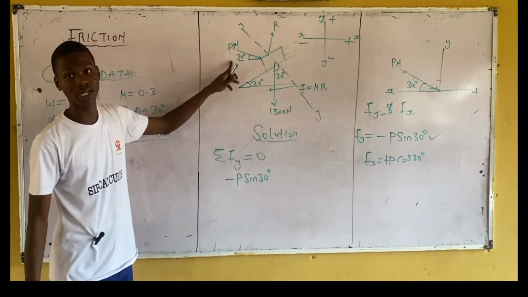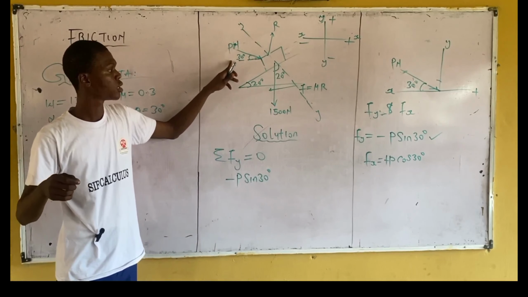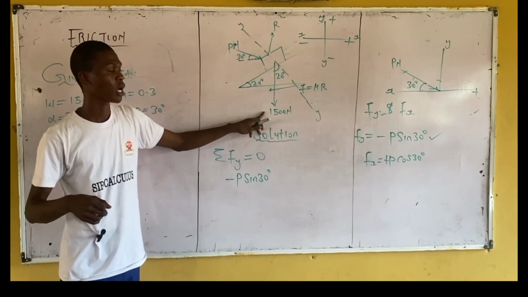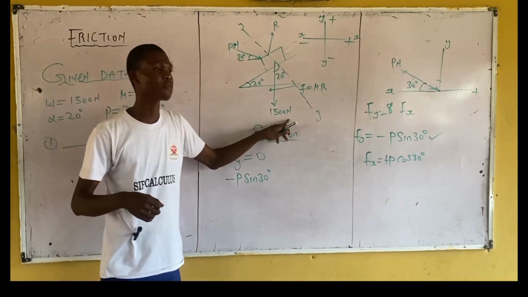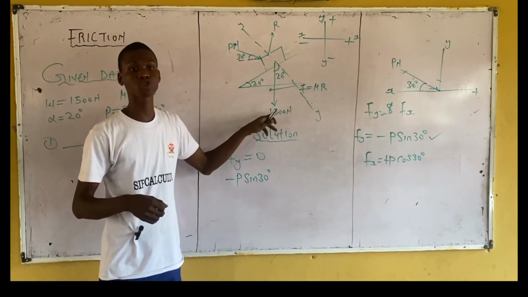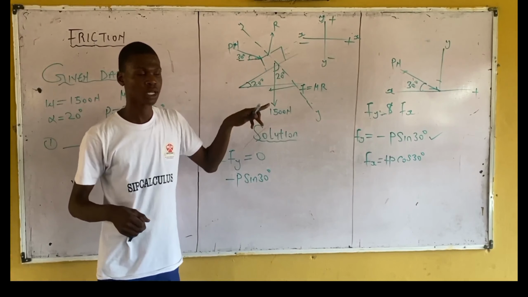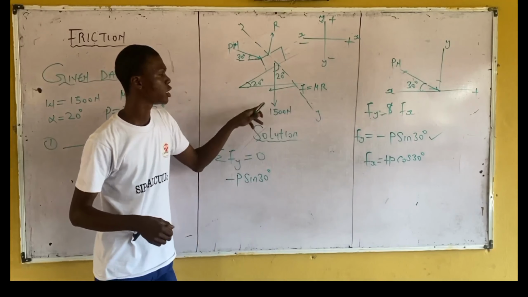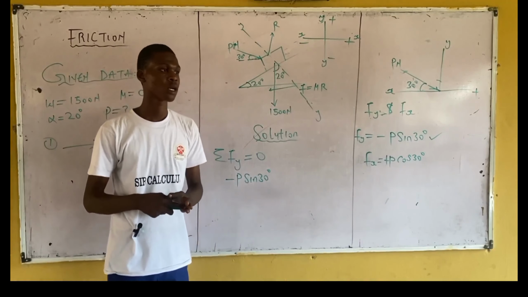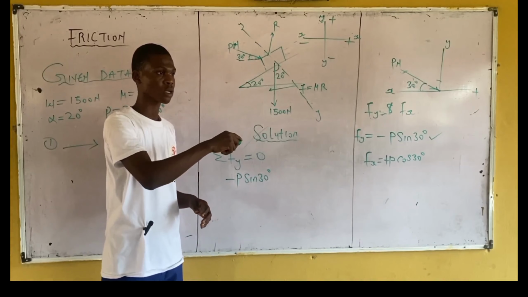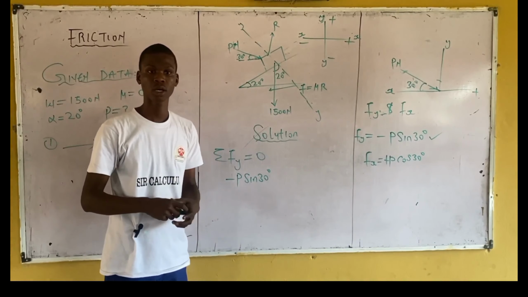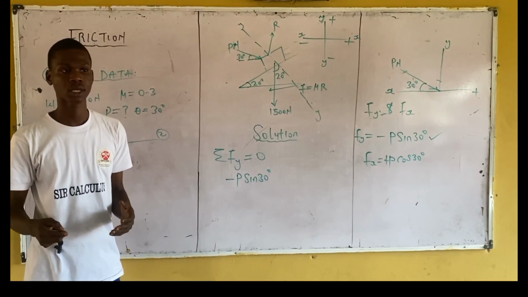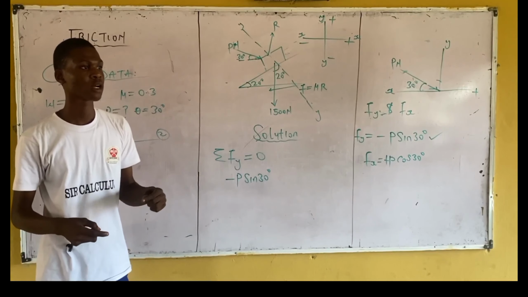So I'm done with this, right? The next one is what? I have the weight, which is 1,500 Newton. But this weight is also inclined at 20 degrees. You apply the same idea here. From here, it becomes what? It will be 1,500 cos 20.